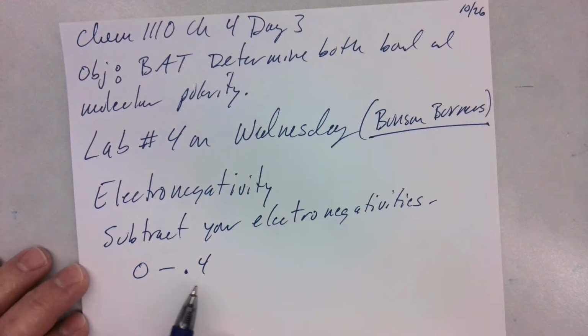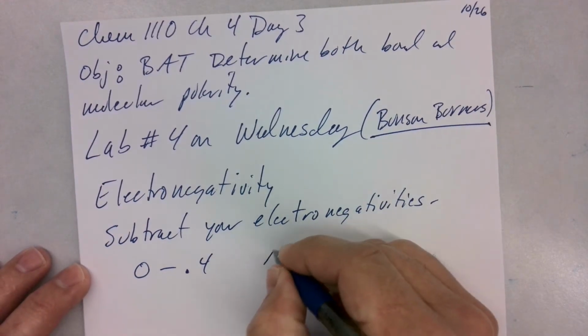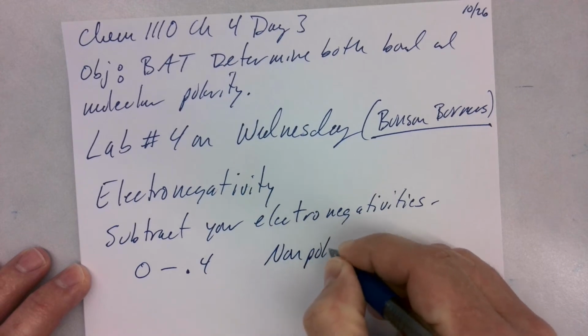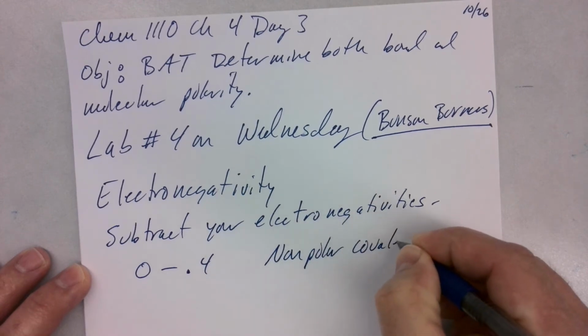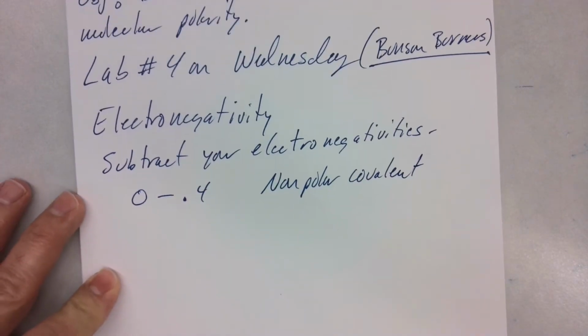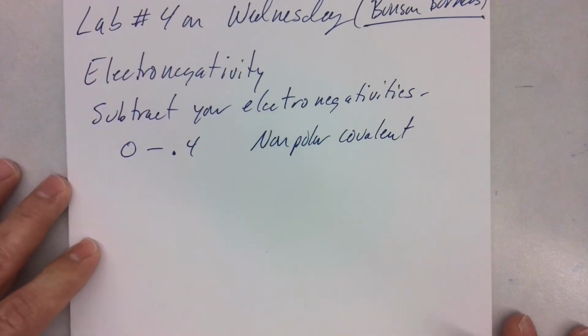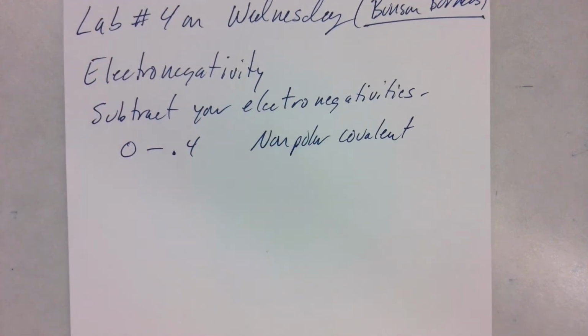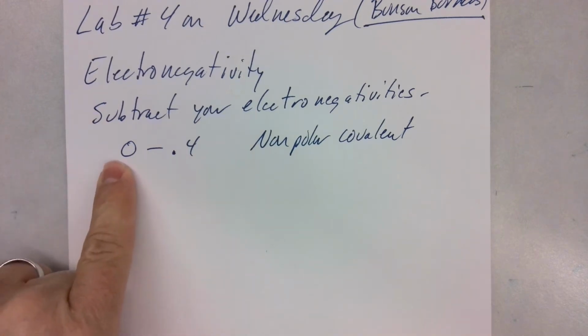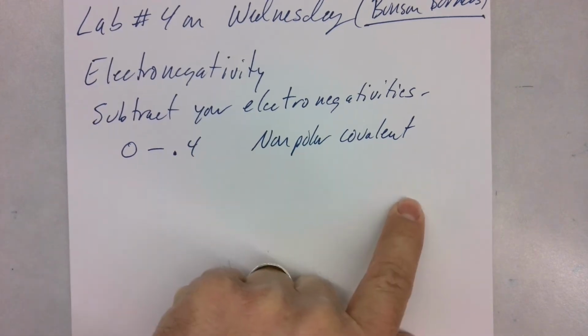If it is from 0 to 0.4, this is considered nonpolar covalent. But I'm going to be honest, that's not technically true. No matter what, if there's a difference in number, they are still going to be slightly what? Slightly polar no matter what. But if they're in that range, they consider them nonpolar covalent.